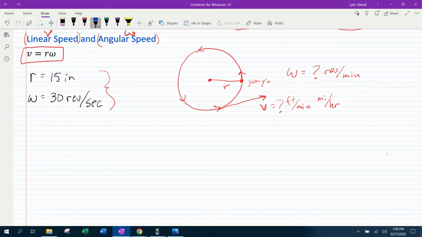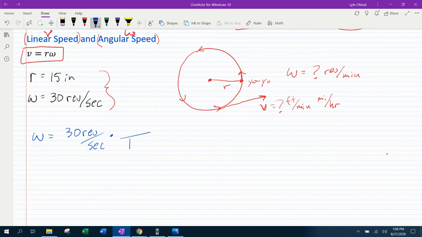First of all, we've got our angular speed measured in 30 revolutions per second. This tire is making 30 rotations every second. In order to calculate with an angular speed, it has to be converted to radians per second. So we're going to have to convert revolutions per second into radians per second. So here's my question.